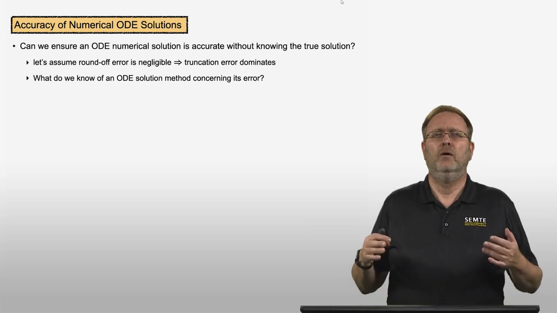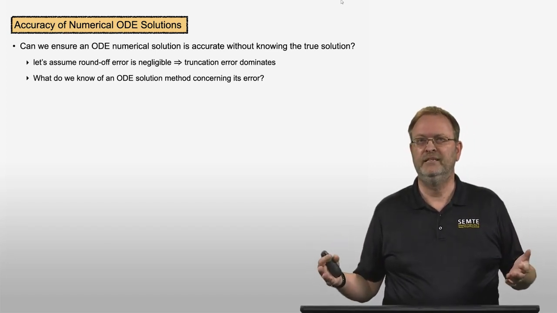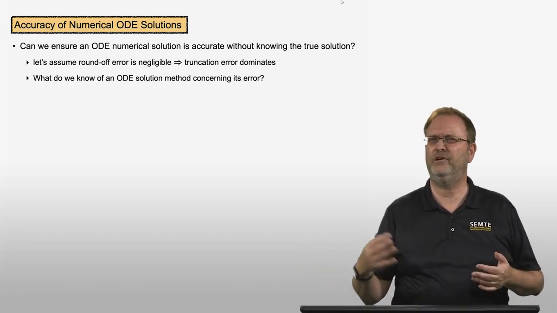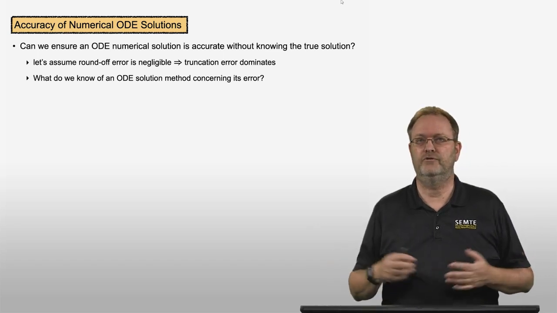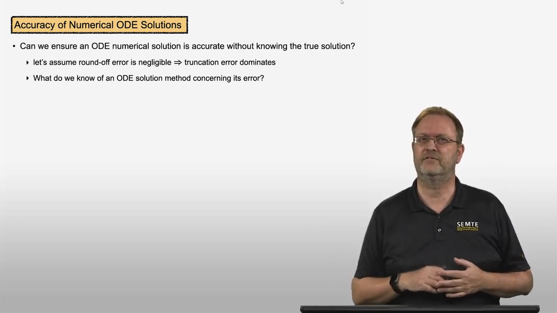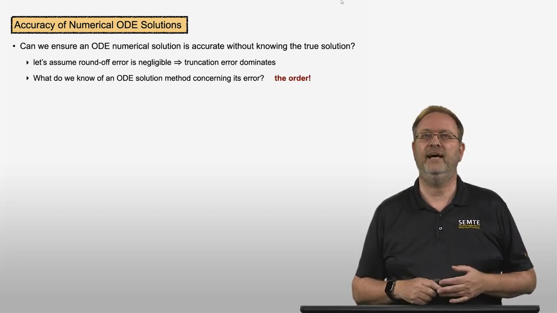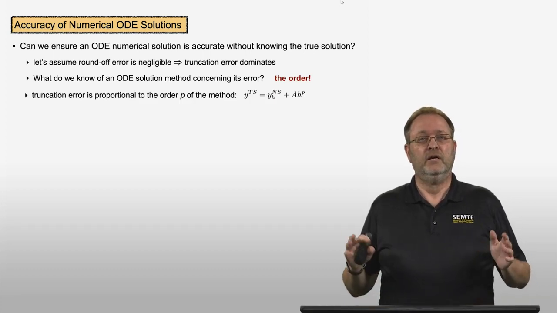So, what do we know of an ODE solution method concerning its error? Well, we don't really know the error itself, because that would require us to know the true solution. But we know something else about the solution method and the error, and that is the order of the method. So what does that mean?